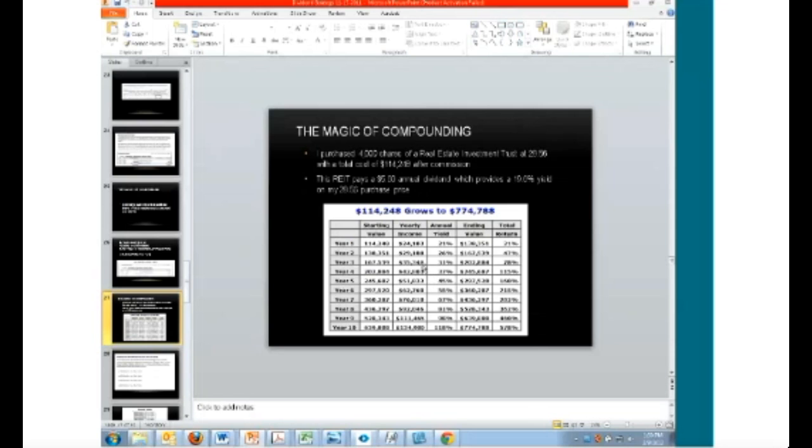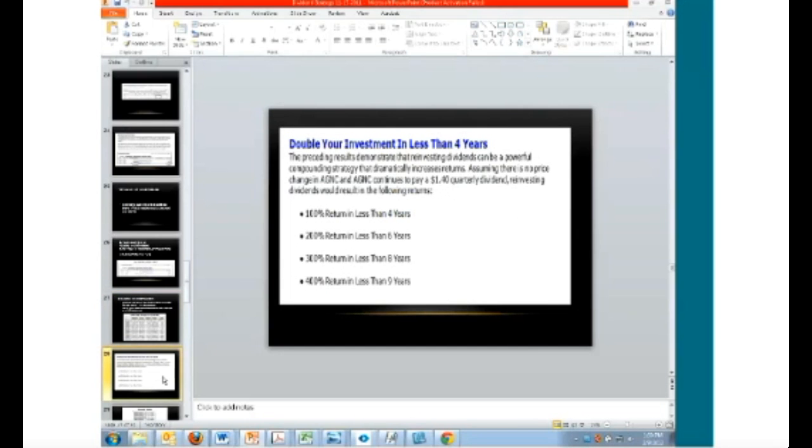And in this example, with the American Capital, reinvesting the dividends, I'd get 100% return in less than 4 years, 200% return in less than 6 years. And so that's a pretty good rate of return.